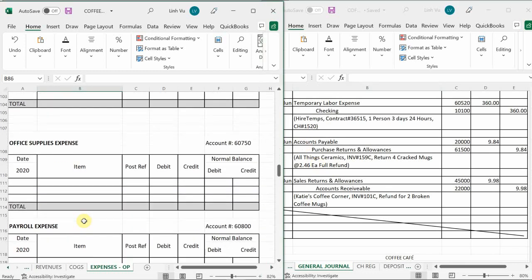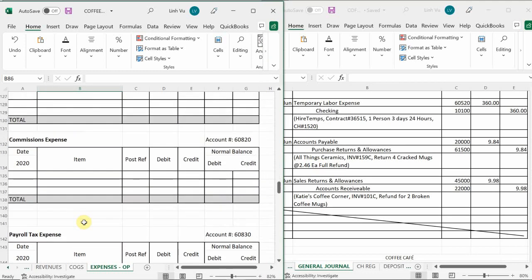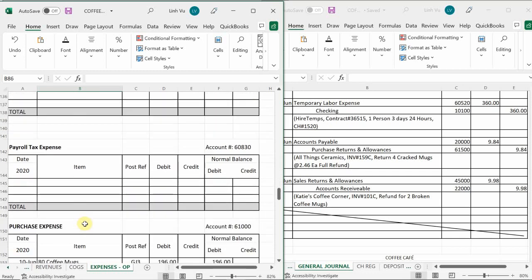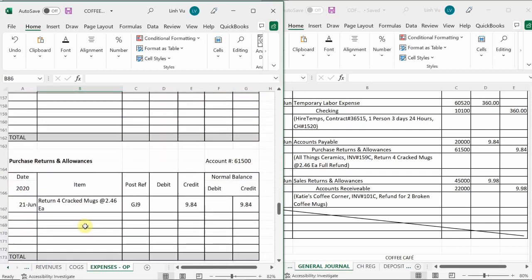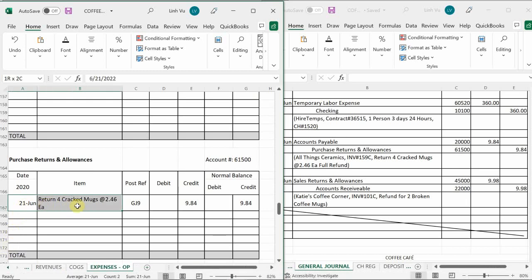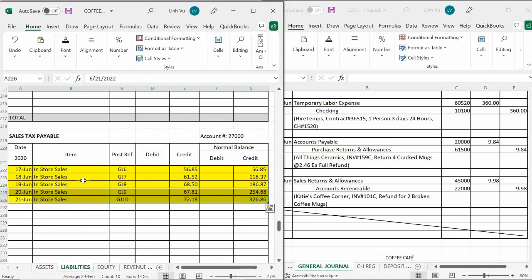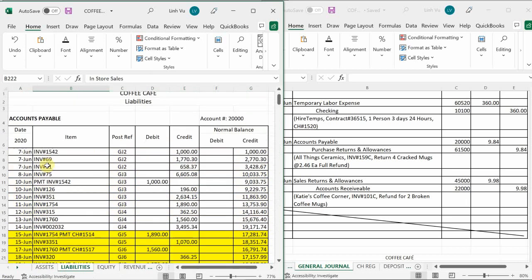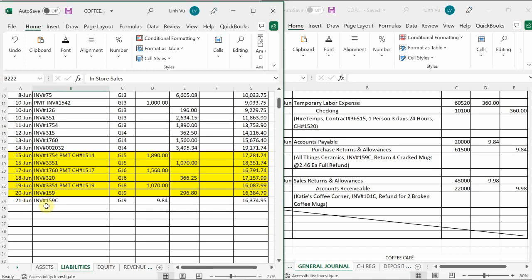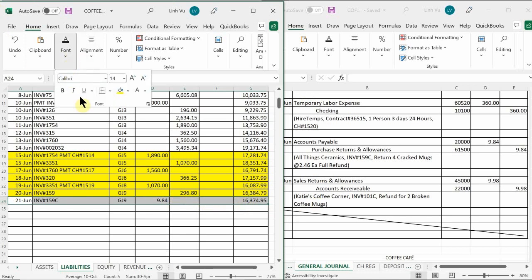So purchase returns and allowances right here for $9.84 credit, which reduced my accounts payable by that same $9.84. Okay.